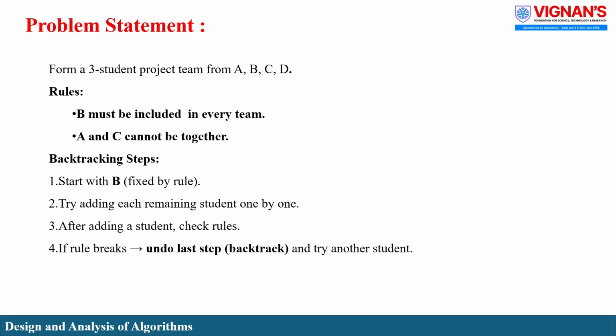This undo action is called backtracking. After removing the invalid student, we continue by trying a different option. This trial-and-error process continues until we find every possible valid team of 3 members. Backtracking helps us stay organized, avoid invalid combinations early, and explore all correct team formations without missing any possibilities.